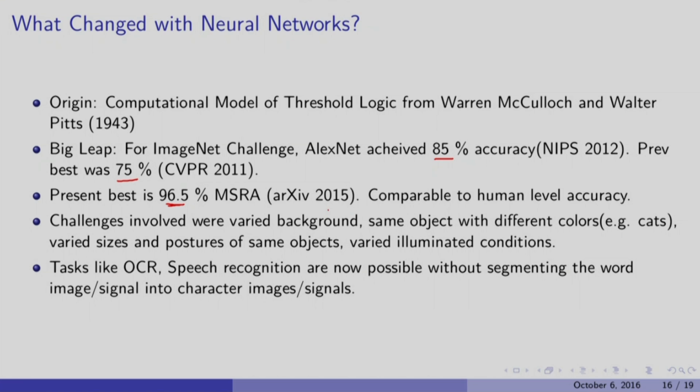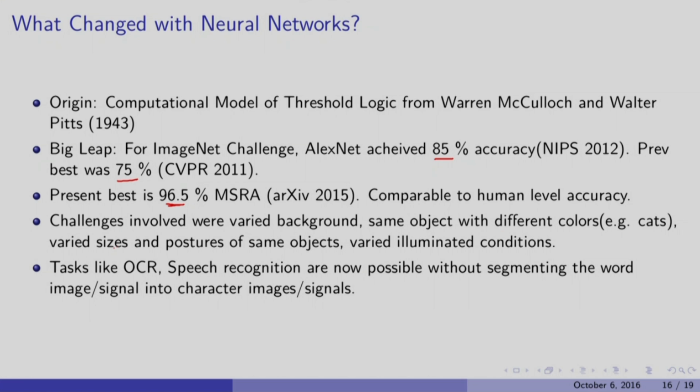What changed in such a short span of time? There were many challenges associated with boosting the numbers from 75% to 96.5%. These include the ability to deal with varied backgrounds, having the same object in different colors. For example, you can have a greyish cat and a blackish cat, varied sizes and postures of the same object, varied illumination conditions and so on.